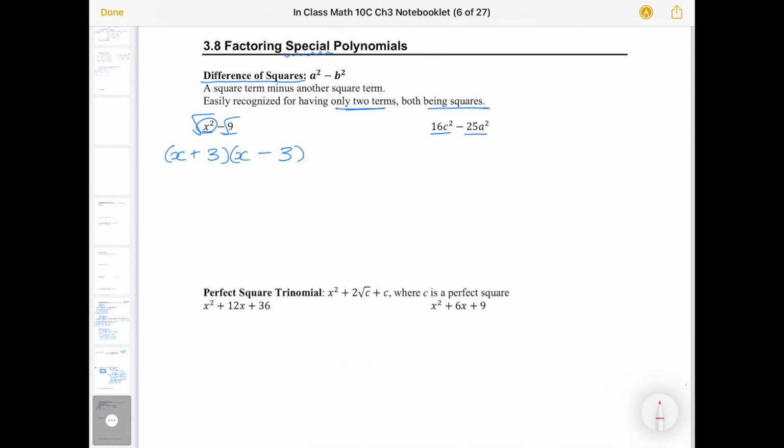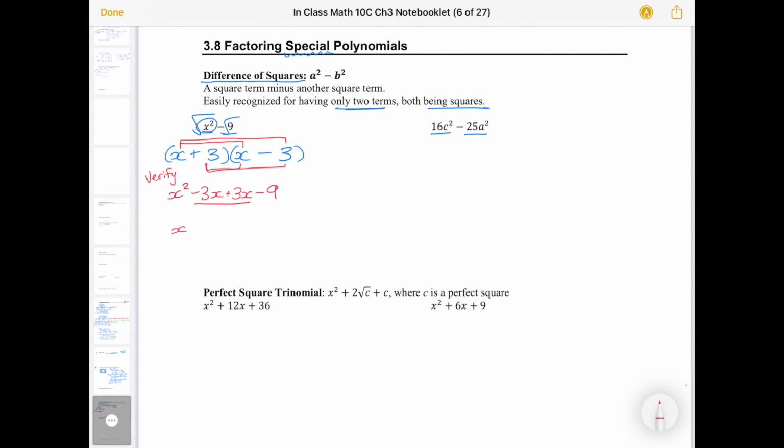Let's go in red and verify. Do this multiplication. Well, x times x, x squared, x times negative 3, negative 3x, 3 times x, plus 3x, 3 times negative 3, negative 9.